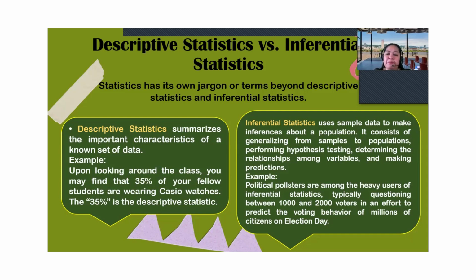For example, political pollsters are among the heavy users of inferential statistics, typically questioning between 1,000 to 2,000 voters in an effort to predict the voting behavior of millions of citizens on election day. So inferential statistics is commonly used when we do survey questions among populations or samples of populations.